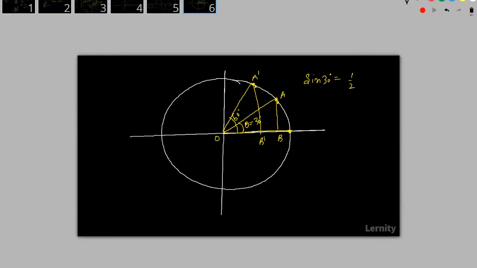Whenever I am writing sine of theta, it will be AB upon AO, and AB is the thing which is changing.